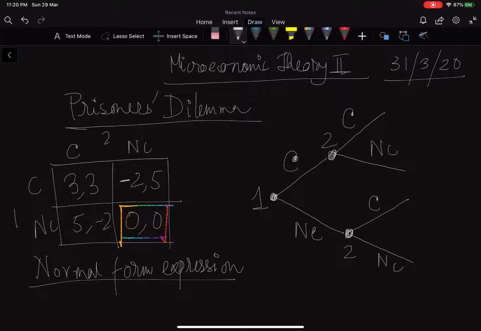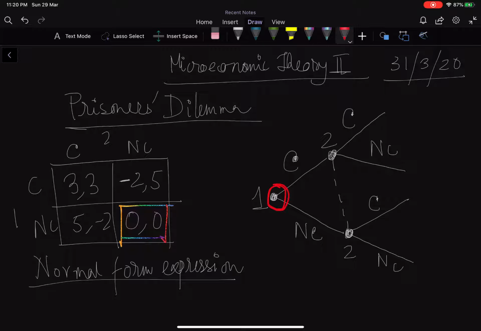Okay, but that's not the game, right? The game is that they both choose their strategies simultaneously. The way we express it in extensive form is by connecting these two nodes by a dotted line. What does this dotted line imply? It implies that one does not know... I'm sorry, I said it wrong.